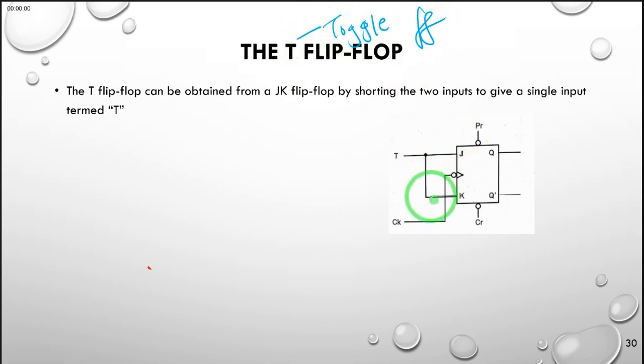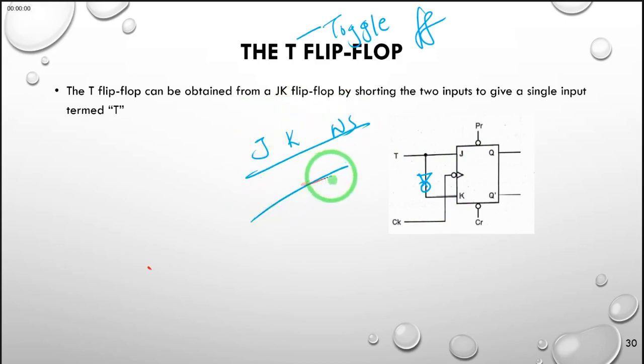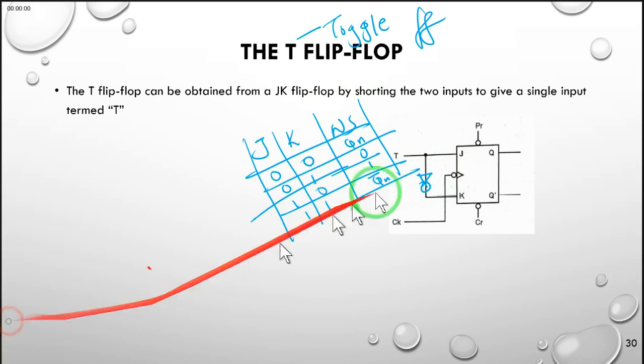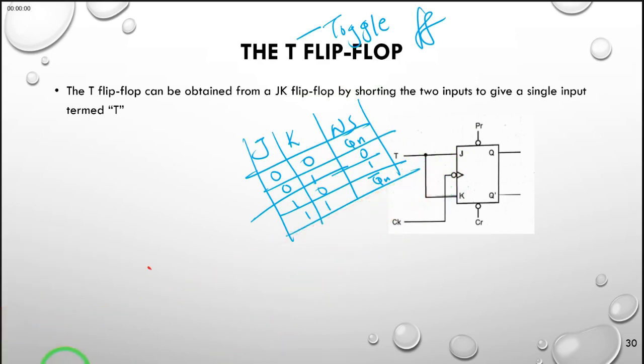Remember, for D, we had inverted this input, and therefore we eliminated the times when J and K are the same. But for the T flip-flop, we set the inputs J and K to be the same, so that signal is not inverted.